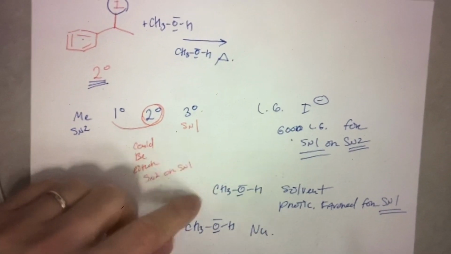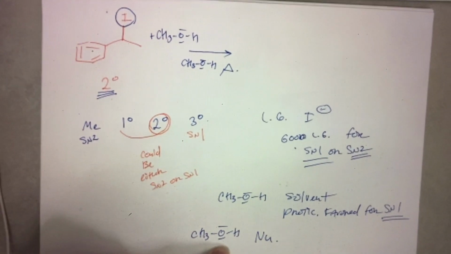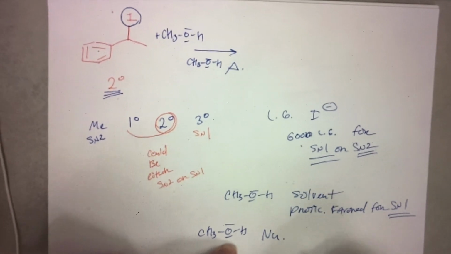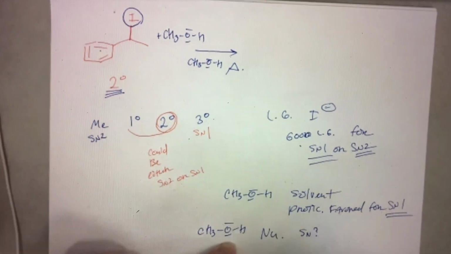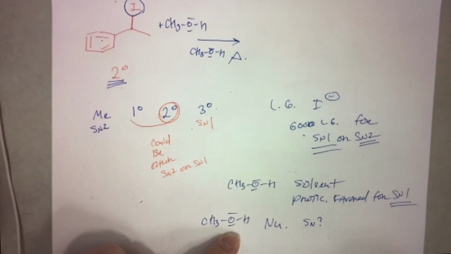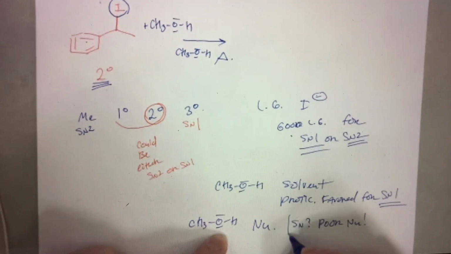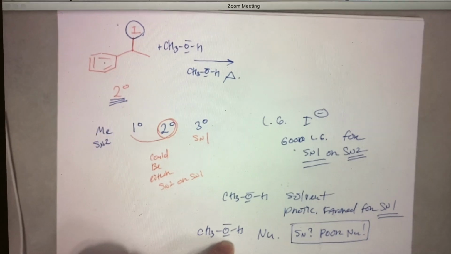But right now, let's evaluate this as a nucleophile. Well, for SN1, all nucleophiles are equal. But let's try and rule it out for SN2. For SN2, this is a very poor nucleophile. For SN2, we have to think about nucleophile, and this is poor. And why would it be poor?